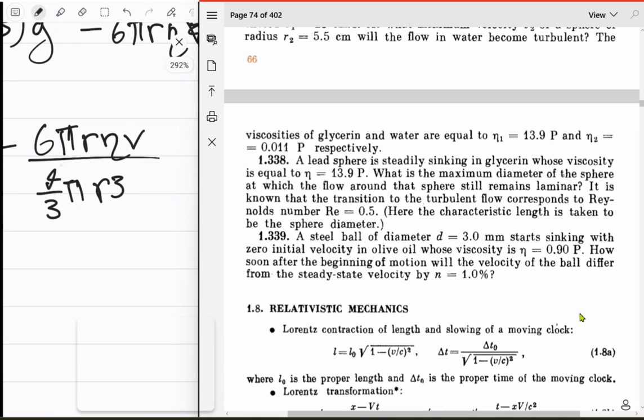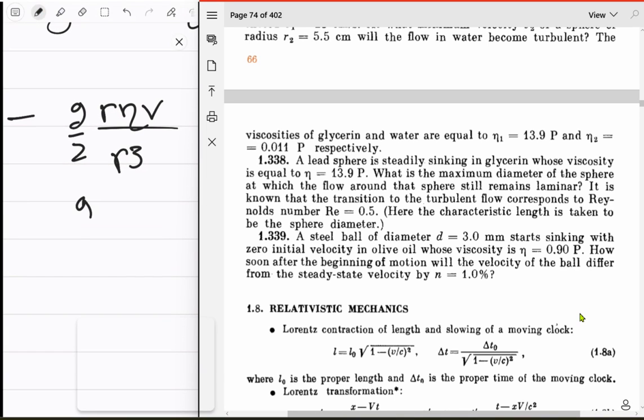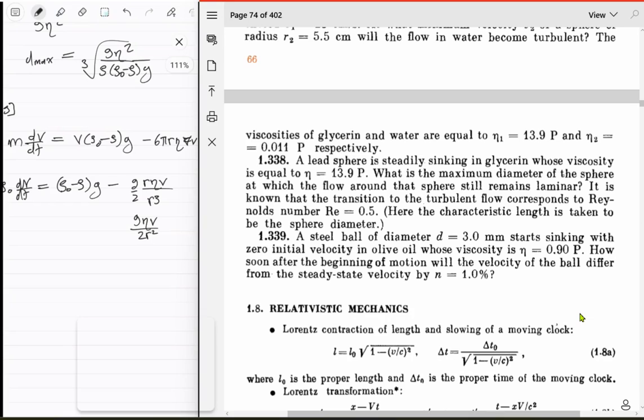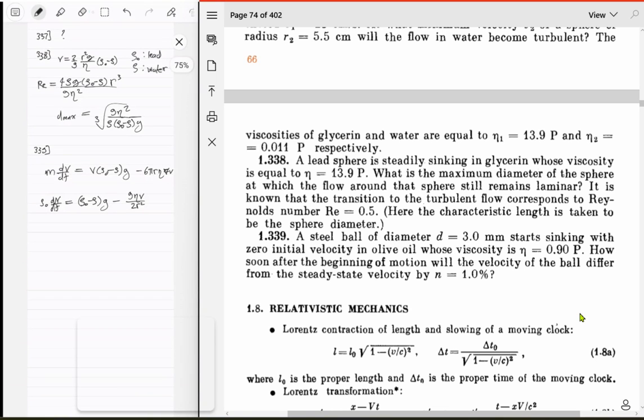So you just have 9 upon 2 over there, and then just have r squared. Okay, first of all, what is this thing? 9 eta velocity upon 2 r squared. Okay. So that's our differential equation. Solve it.